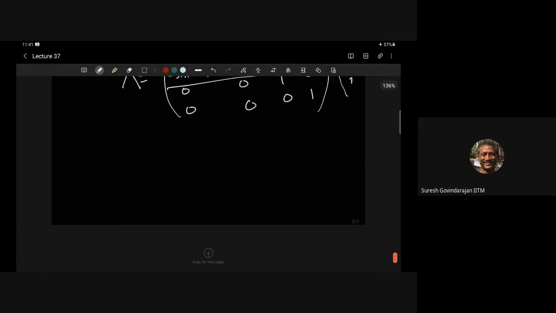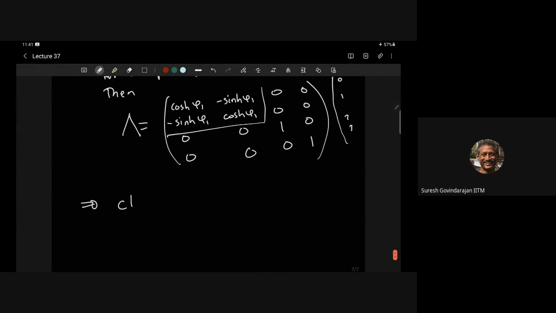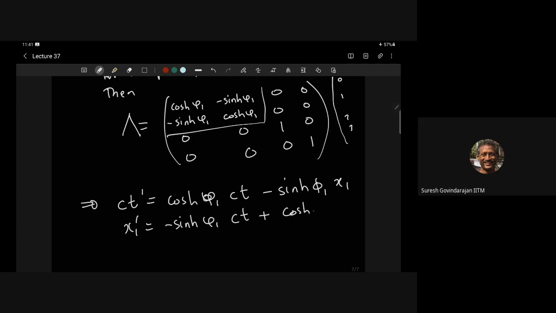So for instance this will imply that Ct prime equals cosh phi 1 Ct minus sinh phi 1 x.